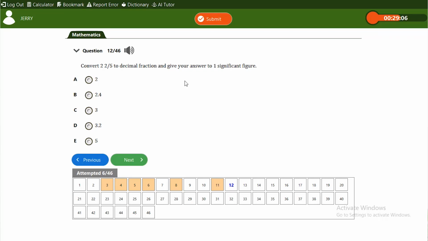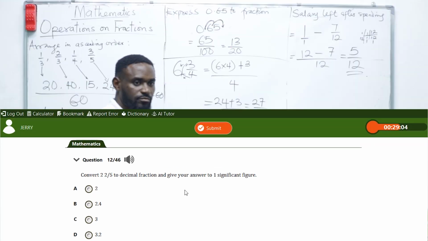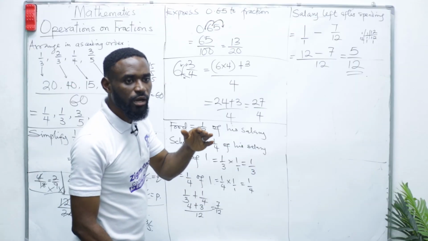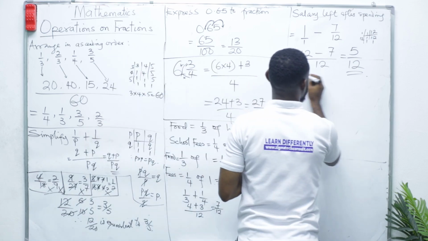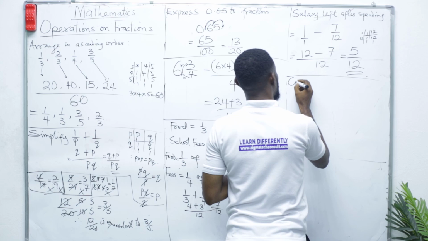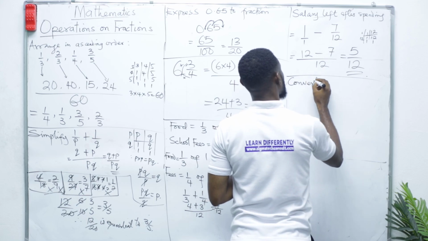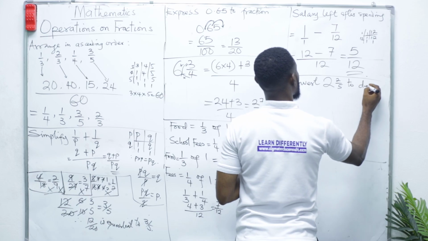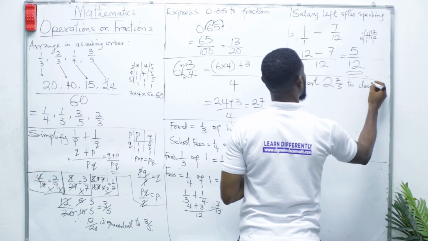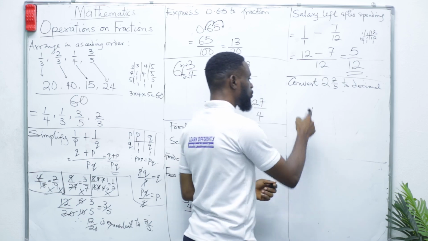Do you understand the point now? So let's look at that now. They say we should convert 2 whole number 2 over 5 to decimal.